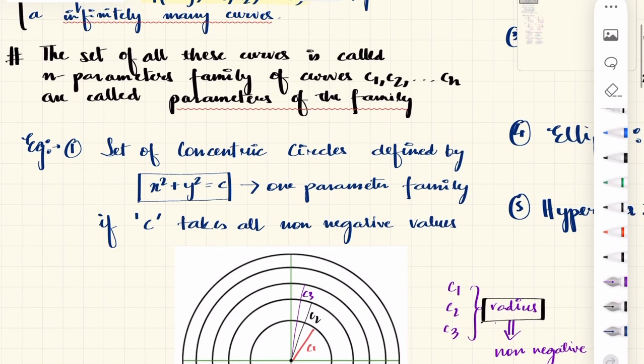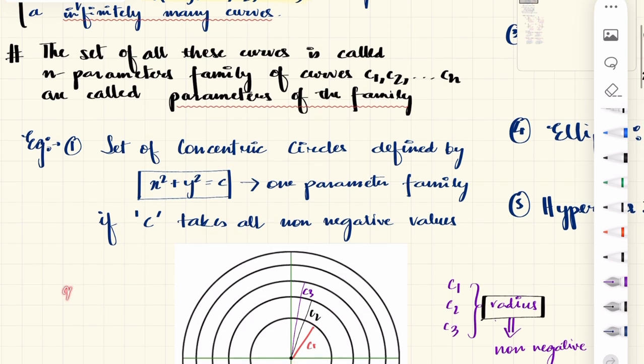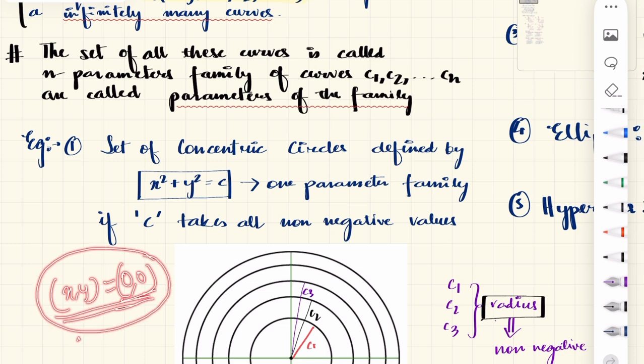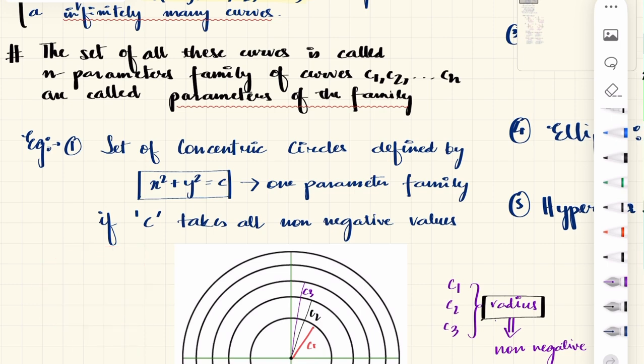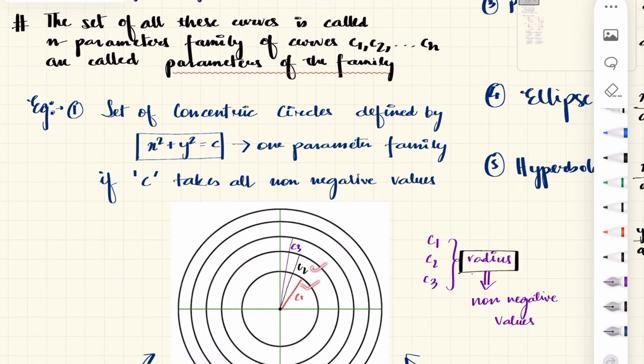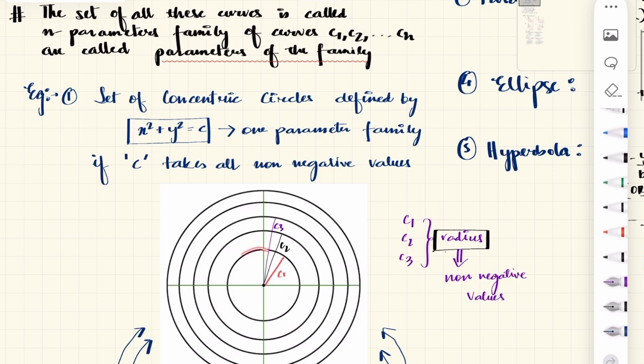Here is example number 1. It says there are concentric circles. What do you mean by concentric circles? When the center is at the origin, it forms concentric circles. For different parameters, we have formed different circles.